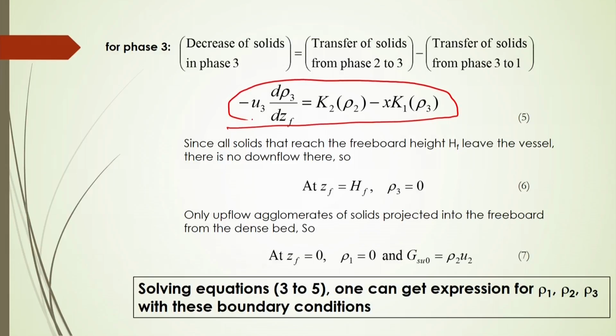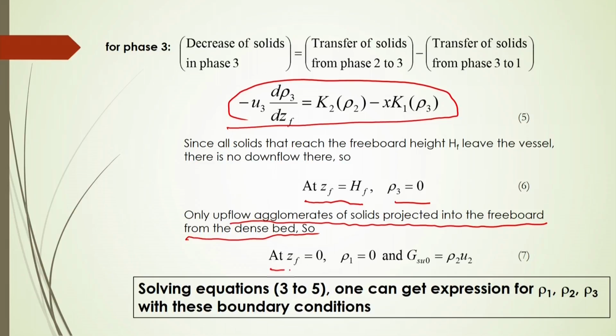equation 5. Now, since all solids that reach the freeboard height ZHF leave the vessel, there is no downflow. Therefore, we can say that at ZF equal to HF there will be no rho 3, that is the density of phase 3. Only upflow agglomerates of the solids are projected into the freeboard from the dense bed.